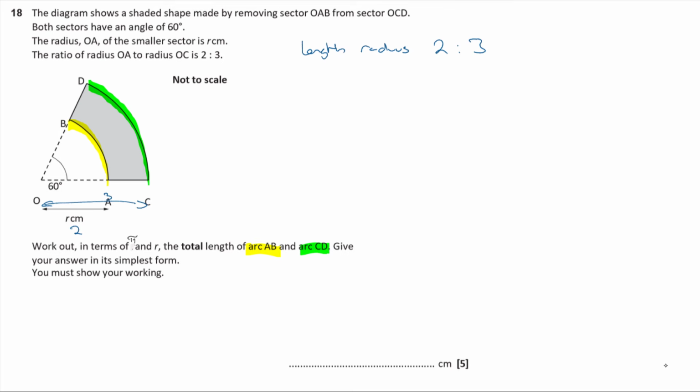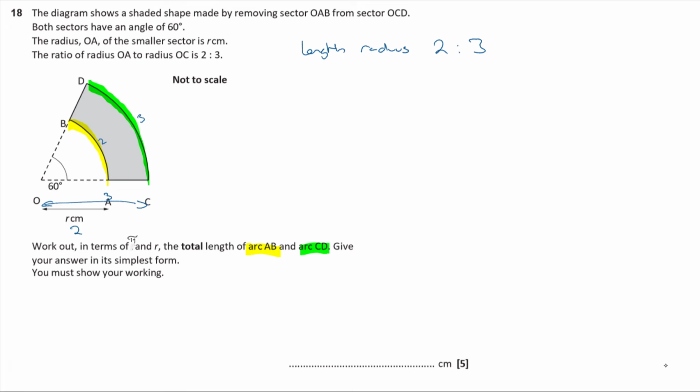Okay, you could consider the smaller sector and the larger sector to be similar shapes, and so because the ratio of one of their lengths is 2 to 3, that means all of their lengths are in the ratio of 2 to 3, which means that for every 2 units we're going to have on the yellow one, we're going to have 3 units on the green one. Okay, so we know that, so that's given.